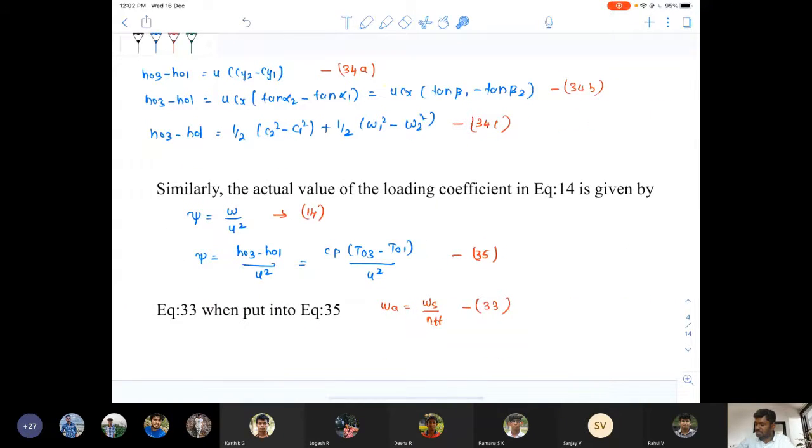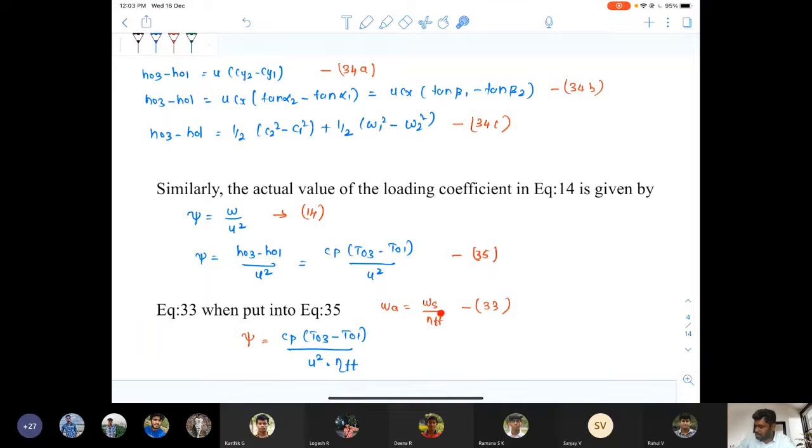When you substitute this in this equation, you will be getting the value of psi is equal to Cp times (T03 minus T01) divided by U square into eta TT.